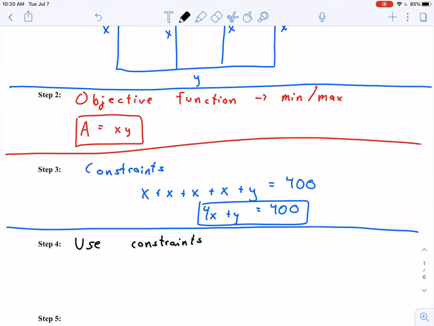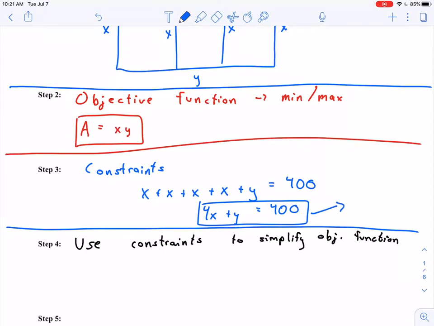You may have more than one, so I'll say constraints to simplify the objective function. So what I'm going to look at is the constraint function that I have right here. I'm going to pick one of my two variables and solve for it. It doesn't really matter which one. We just need to solve for one of the variables. So I always say just pick whatever's easier.